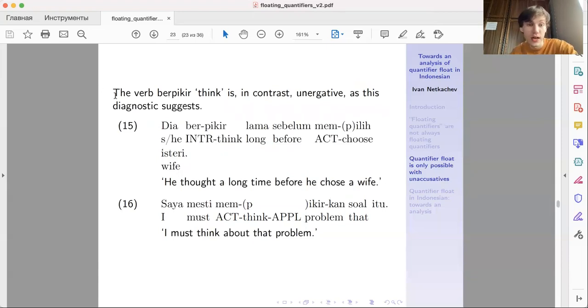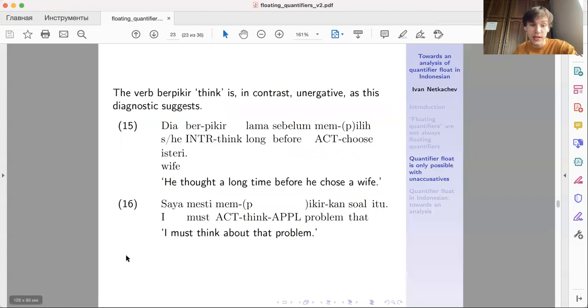By contrast, take the verb berpikir, so the stem is pikir. Oh, there is some problem with spaces here, but no matter. And here you can see that in 15, the subject is the thinker: he thought a long time before he chose a wife.